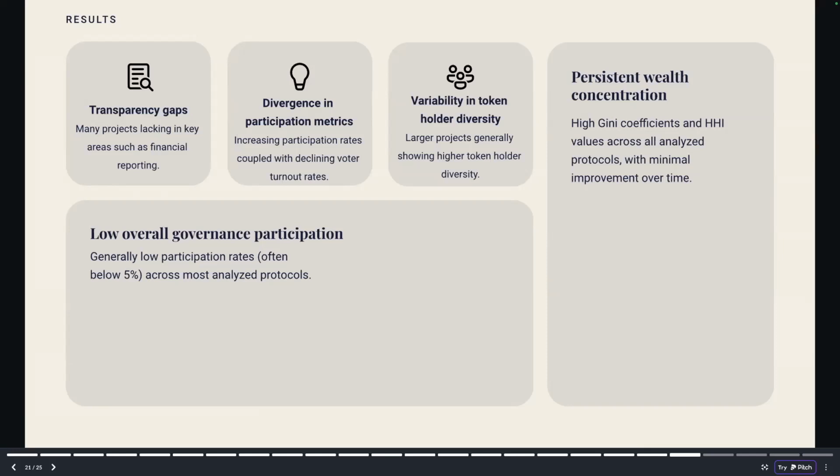Then there's low governance participation, with rates often below 5% across all protocols. There's variability in token holder diversity, with larger projects generally showing higher diversity. There's also a divergence in the participation metrics, and there are significant transparency gaps.